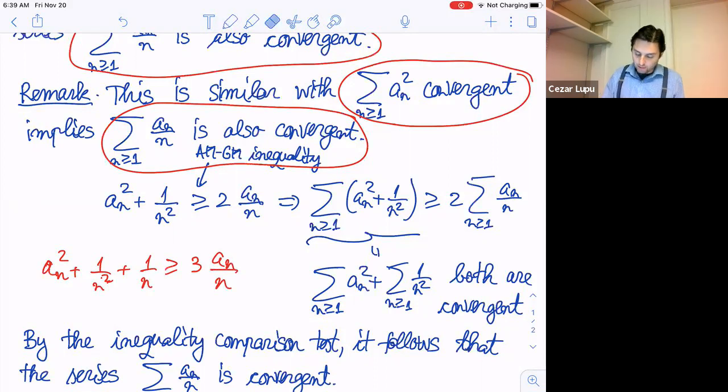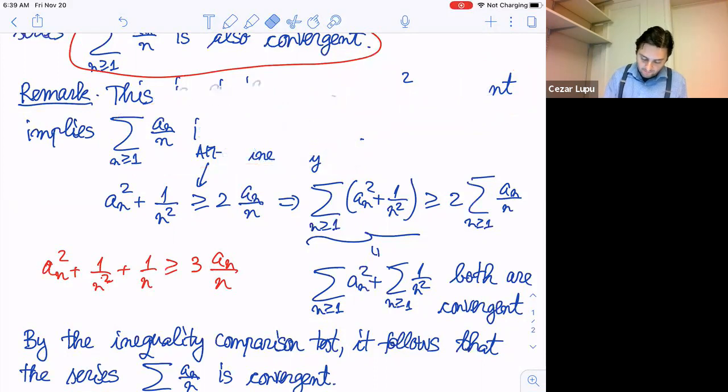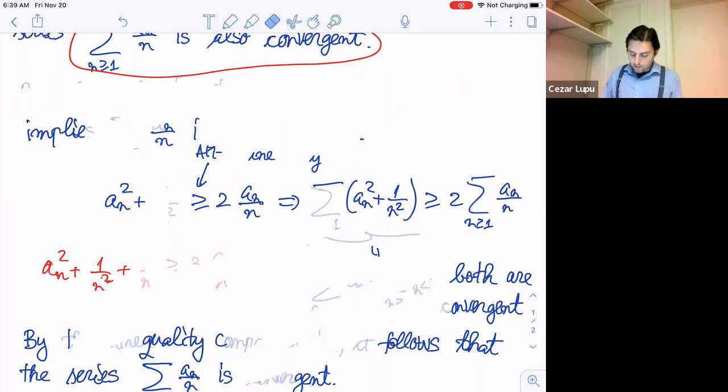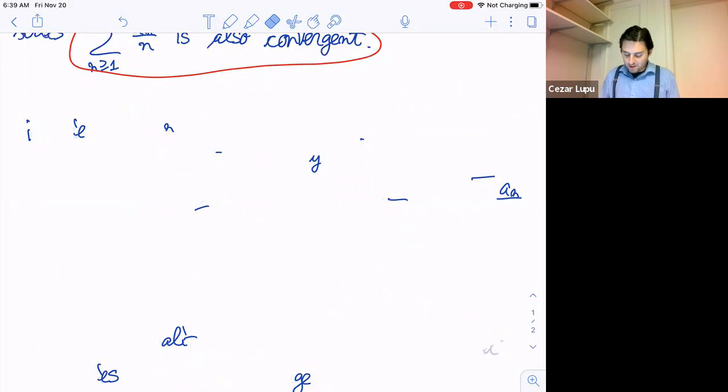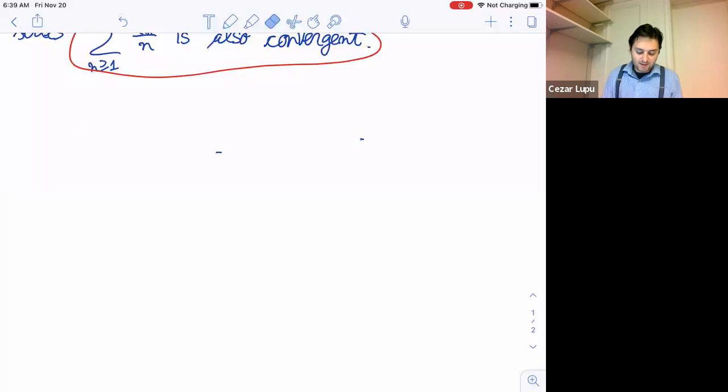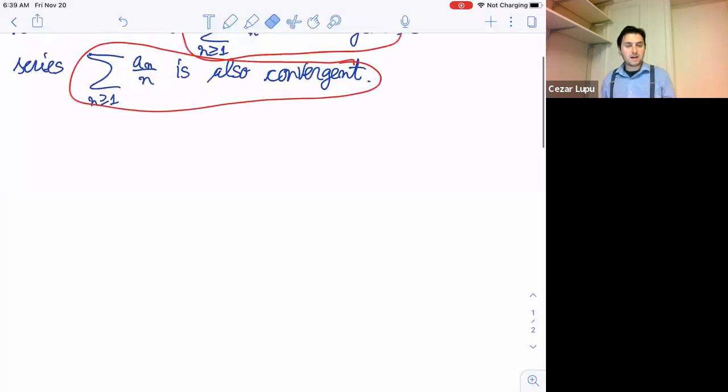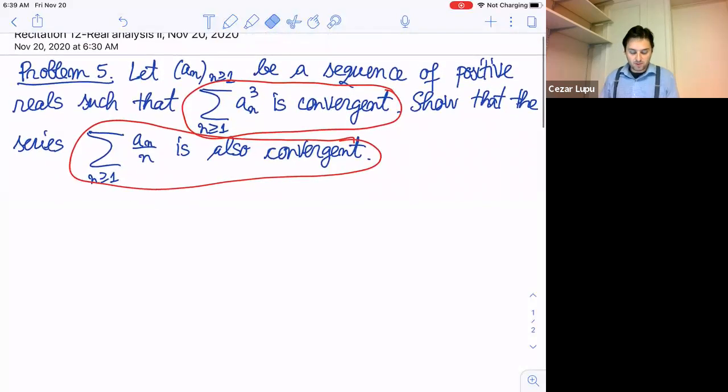In fact, let me delete all this. I already wrote it. If I want to use a verbatim approach, very similar to this one, let's try it first and figure out why it doesn't really work.